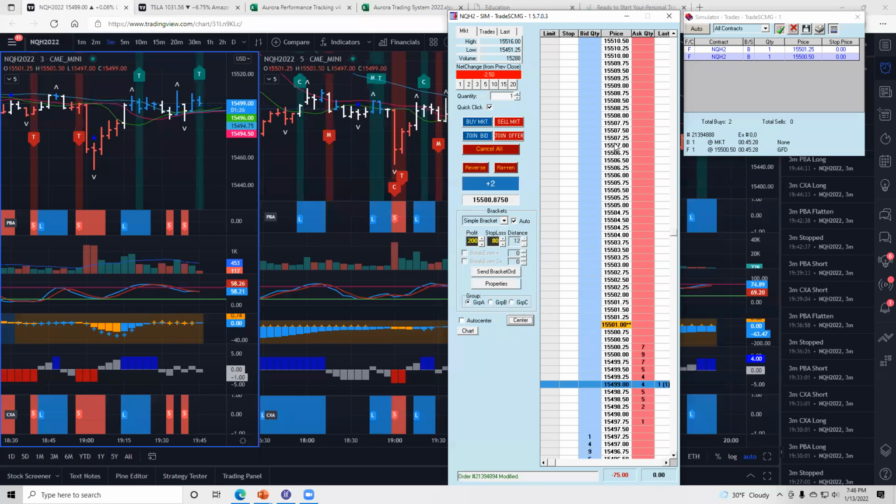When we put the first trade on, that was put on at 501.25. So I need to scroll up my DOM to 511.25 because I want to change from a 50-point profit target to a 10-point profit target for a catch trade.